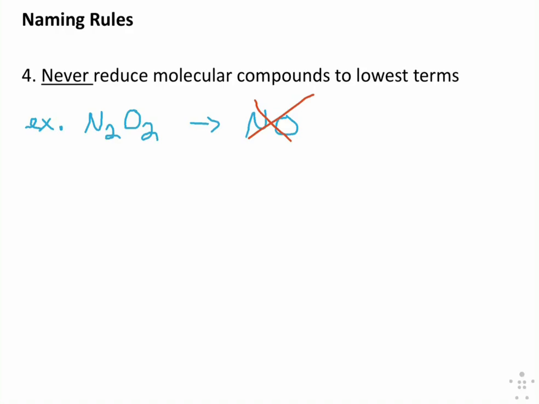And this doesn't make sense right now, but it will a little bit later into our unit. The important thing to remember is that you never, ever reduce molecular compounds.